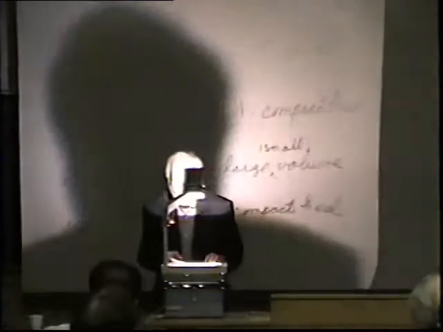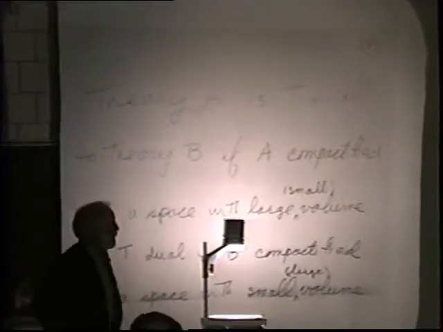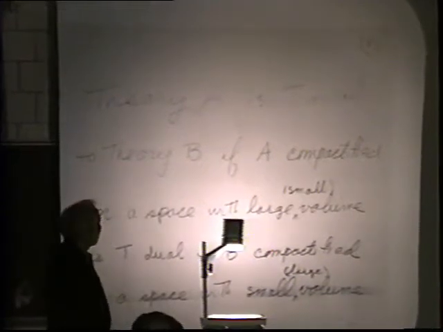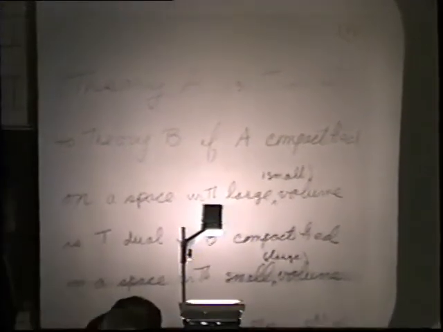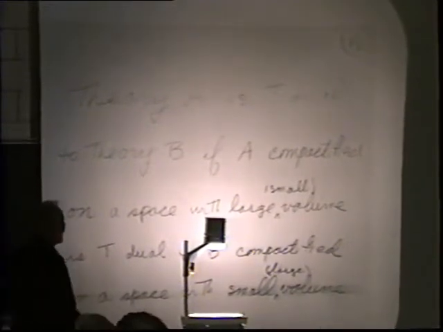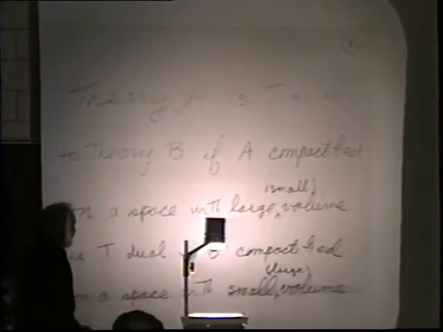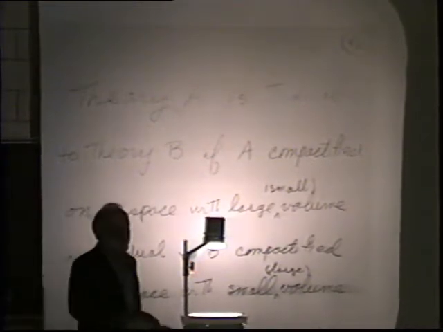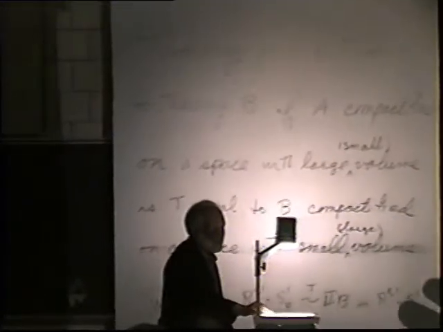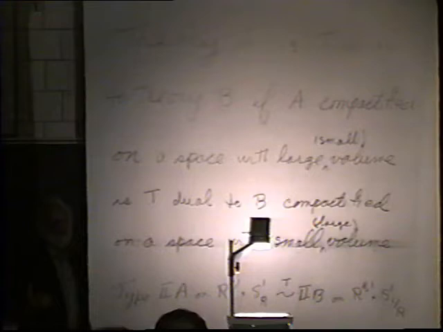So I'll start with a statement of what I mean by T-duality. One says theory A is T-dual to theory B if A compactified on a space with large volume is T-dual to B compactified on a space with small volume. Now, compactified on means we're thinking of these string theories.